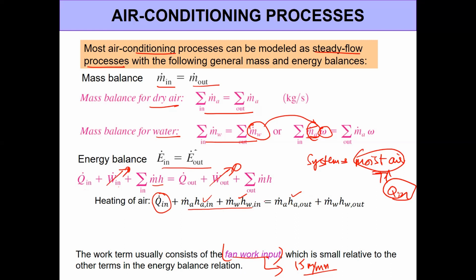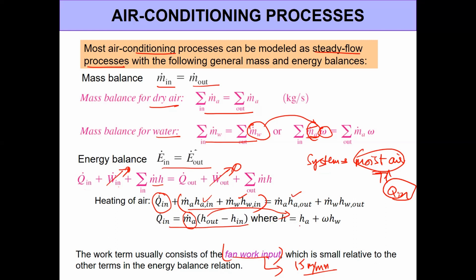Now here we have written this separately, but in the psychrometric chart, we have the enthalpy for the moisture already given. So if you want to use this equation with the psychrometric chart, we can rewrite it in this format where we take the mass flow rate of the dry air common, and then you have h_out minus h_in, where h refers to the mixture enthalpy per unit mass of dry air.